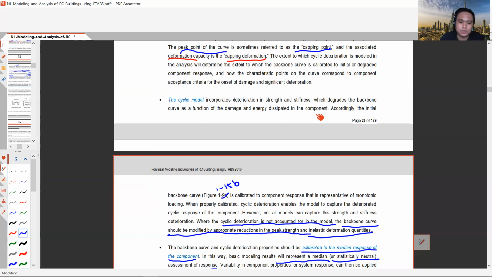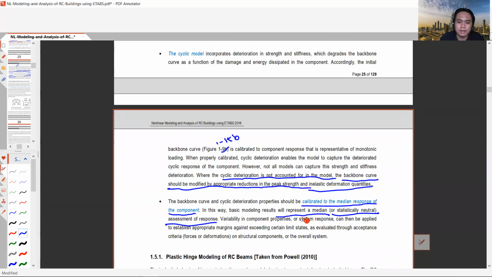Okay, and also dapat daw yung backbone curve and the cyclic deterioration should be properly calibrated at the median response of the component. So dapat daw basically mathematically represent statistically neutral yung assessment natin for the response.